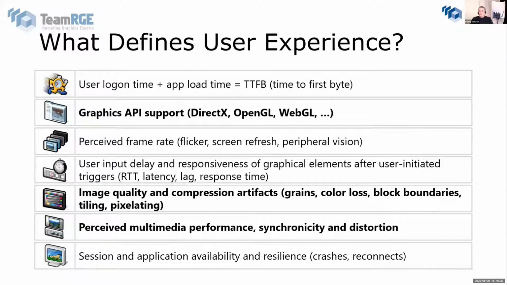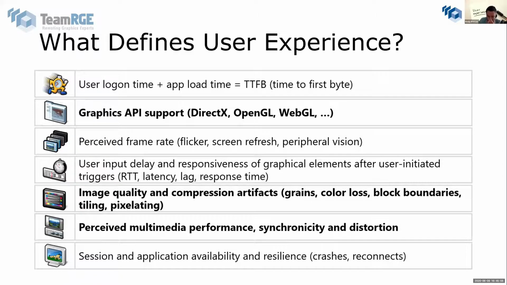I picked those from this list because the GPU can leverage them most. The others, like user logon time and perceived frame rate, are not so much dependent on the GPU by definition. I will quickly focus on these three.